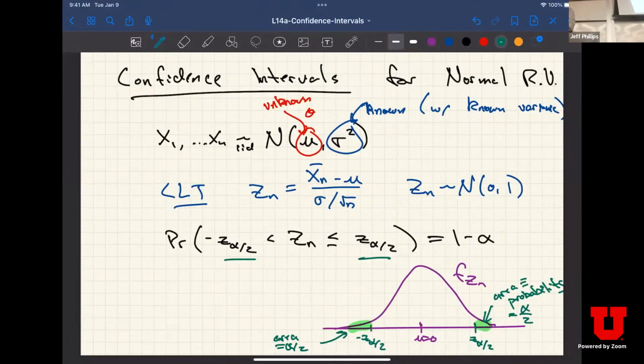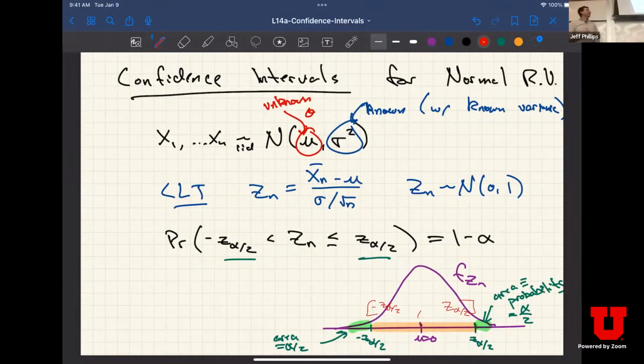Okay, so this interval is from negative Z alpha over 2 up to Z alpha over 2. That orangish color, that's my fourth color I can highlight with. For that interval, what's the probability that the Zn random variable falls in it?